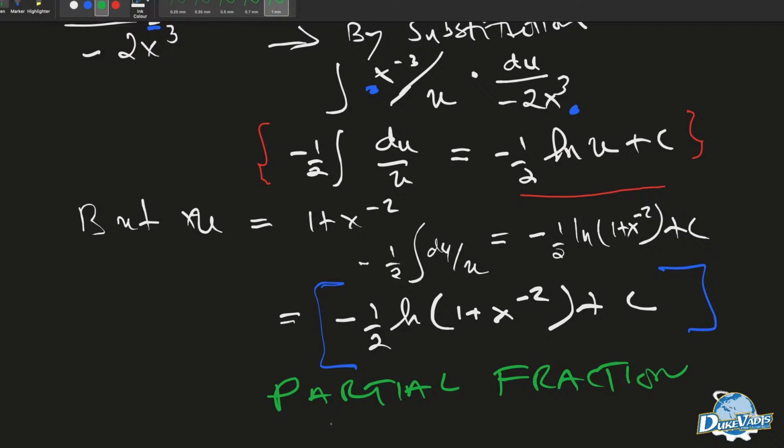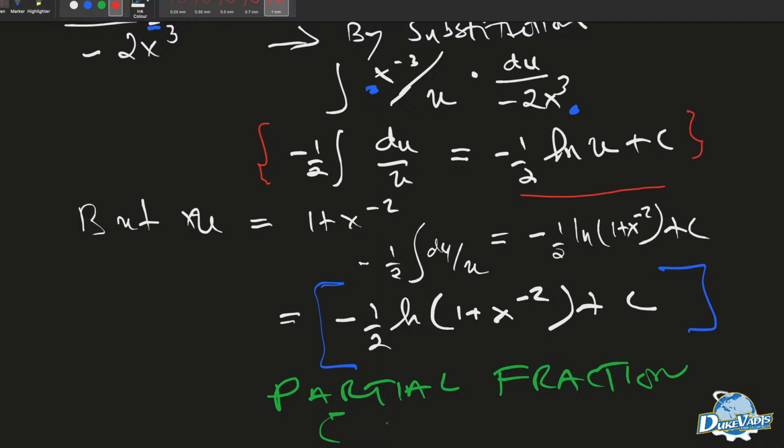But bear in mind, we have done the first approach, and this is what we got: negative half natural log of 1 plus x to the power negative 2 plus c is our answer. Now we've decided to use the partial fraction. Somebody is telling me that to them this procedure is a bit complicated, so we should use partial fraction and see whether what we're going to do will be able to get us to the same place.